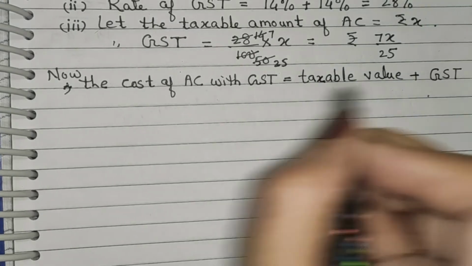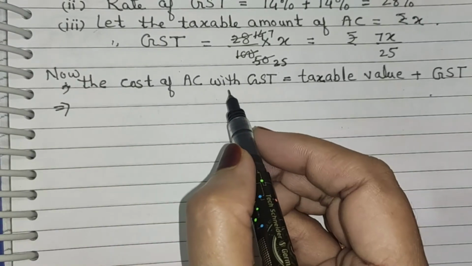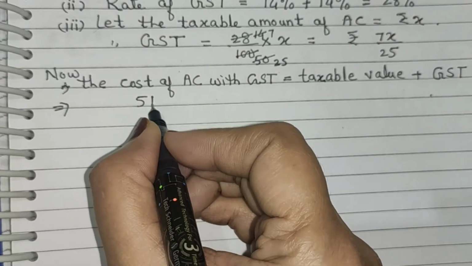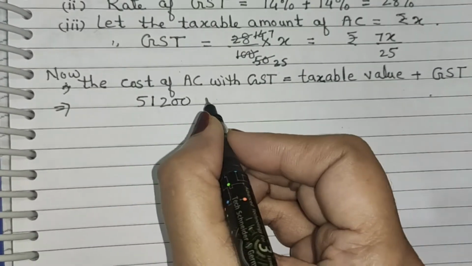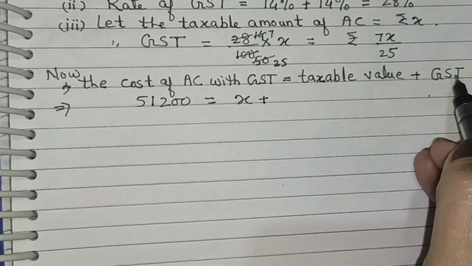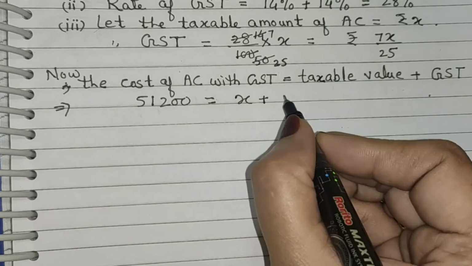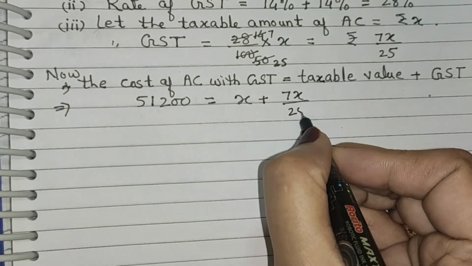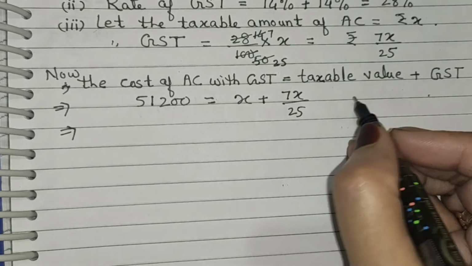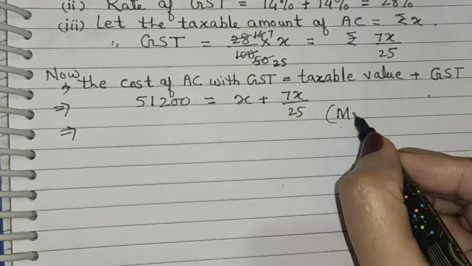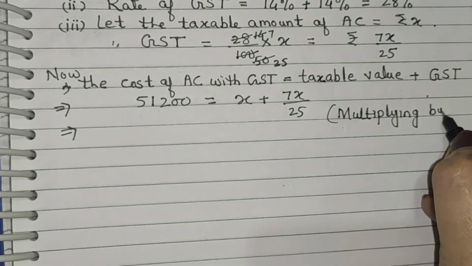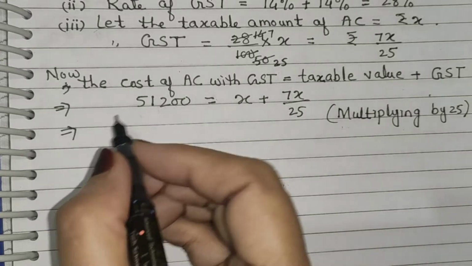Now substituting all the values, the cost of AC with GST is given in the problem, which is equal to 51,200 is equal to taxable amount, consider here x, plus now GST is calculated, which is equal to 7x upon 25. Now the equation contains 25 as denominator, therefore multiplying both sides by 25. Write down here multiplying by 25.